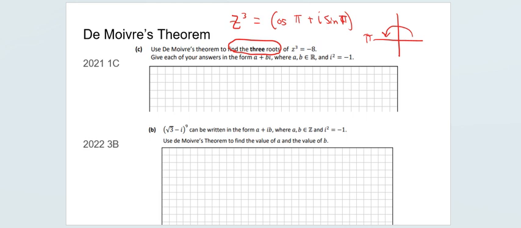I'll go through it in more detail. The 2022 question 3B, yeah, you're going to be representing that root 3 minus i in polar form first, and then you can apply the power of 9 using the Myers theorem.